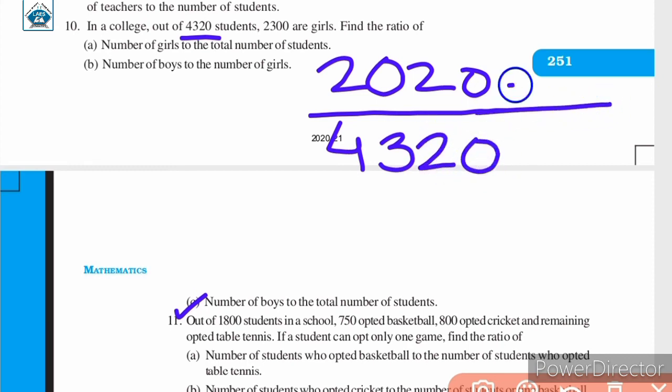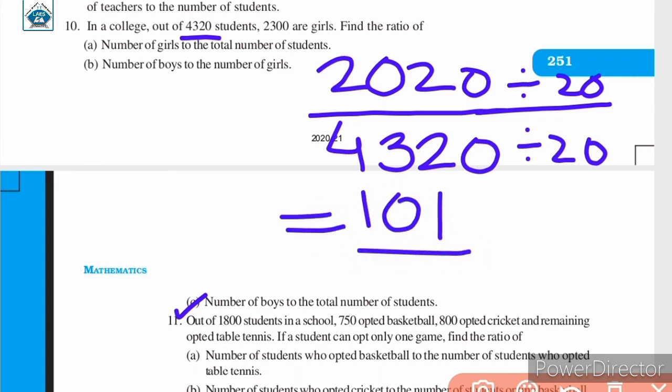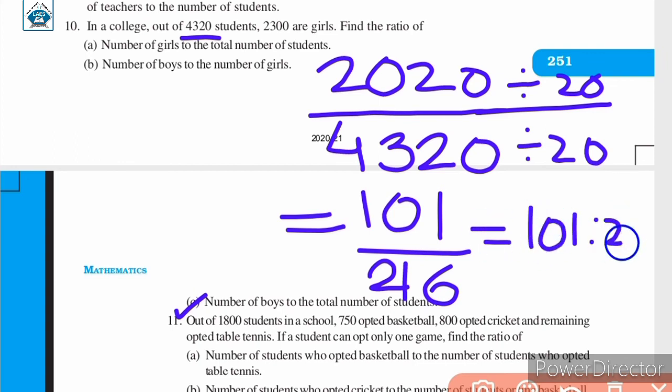Once again the highest common factor is 20. So in this case also, when you divide this with 20, you will get the simplest form. So when you divide, you will get 101 upon 216. So the required ratio is 101 is to 216.